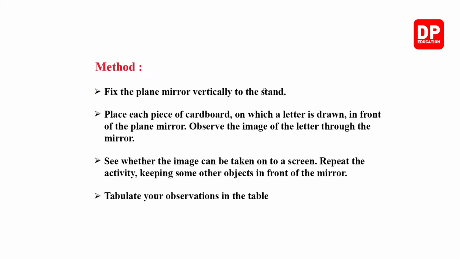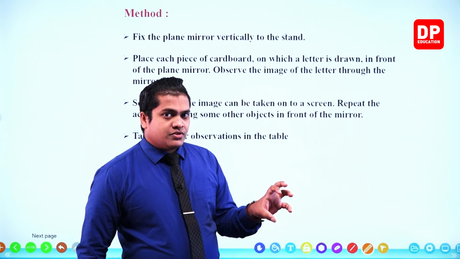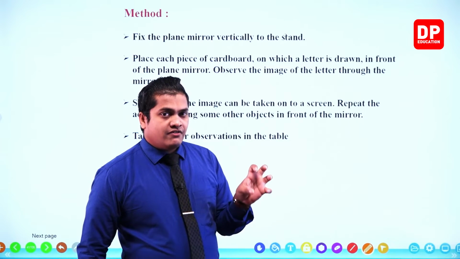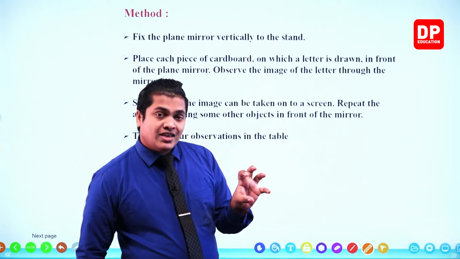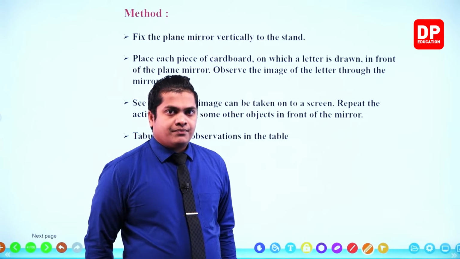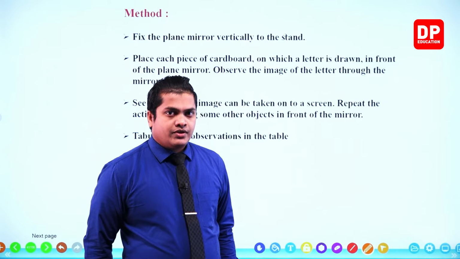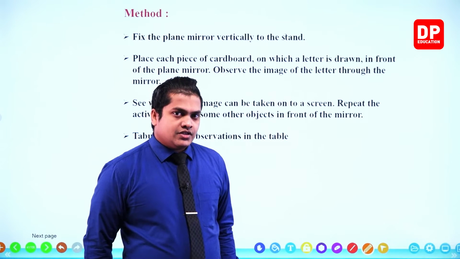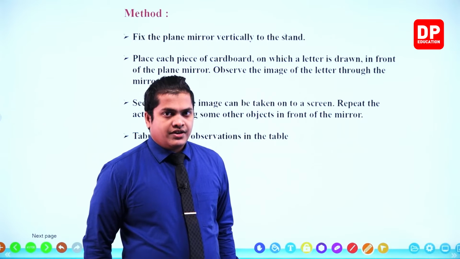You have to keep the mirror vertical by using a stand. Then you keep the object, here the letter you have prepared, near the mirror and observe what kind of shape it gives out. Is it the shape of the same letter or a different one?